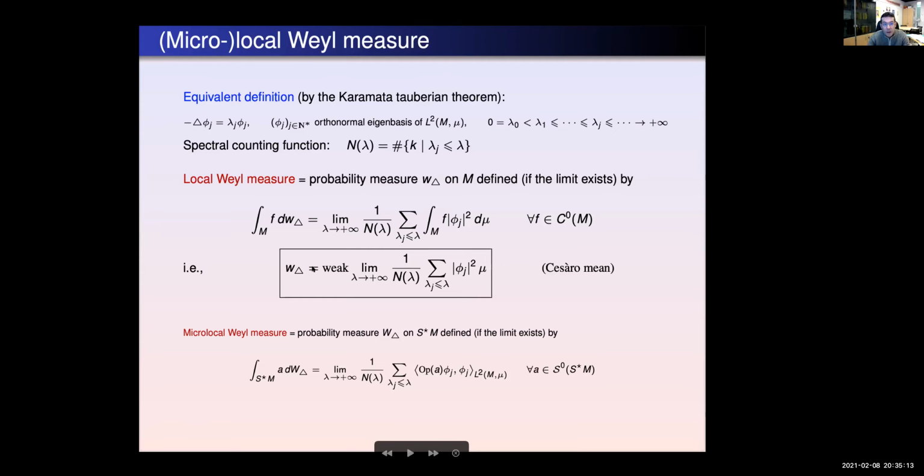This is why studying the local Weyl measure will in turn give us some information on the high frequency behavior of the eigenfunctions. This is the interest.